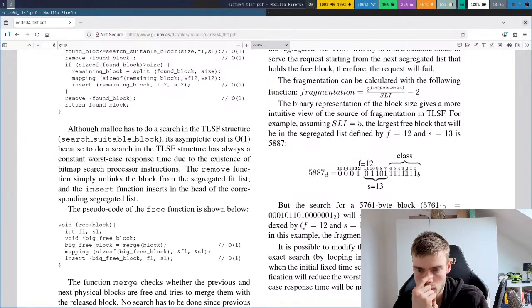Search for a 5,701 byte block: start in the segregated list with F equal to 12 and S equal to 14, which is empty. What? Why is that?